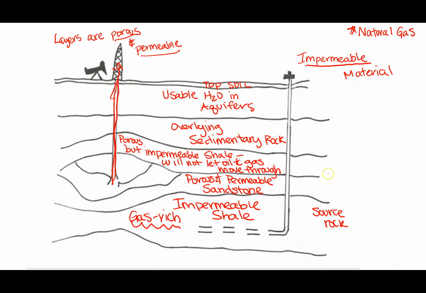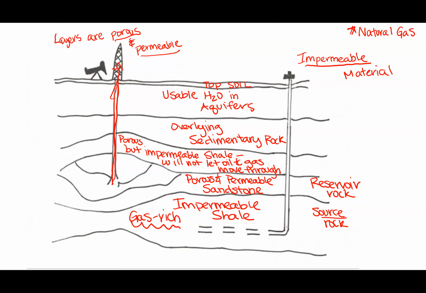All right. This is our reservoir rock. So this, the last layer, the impermeable shale, is where all of our natural gas and our oil and everything, all of our organics, that's where everything's coming from.